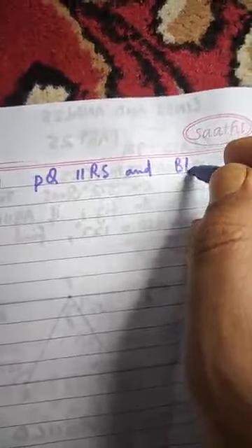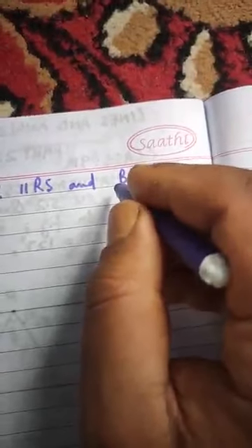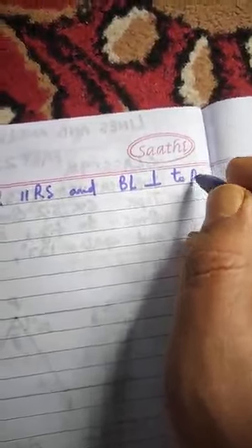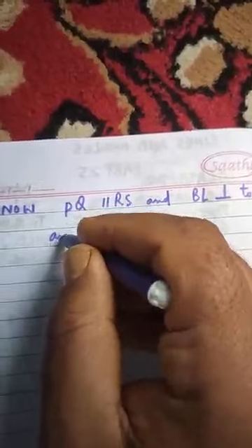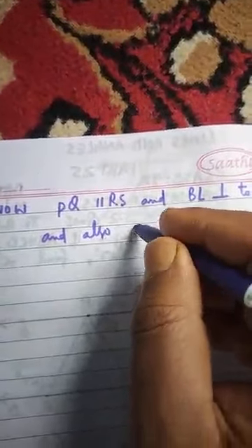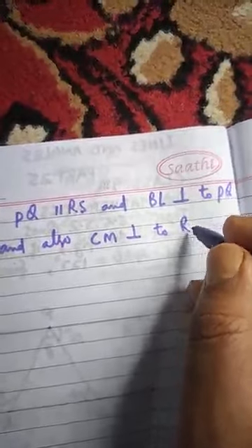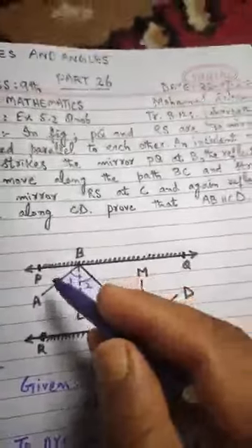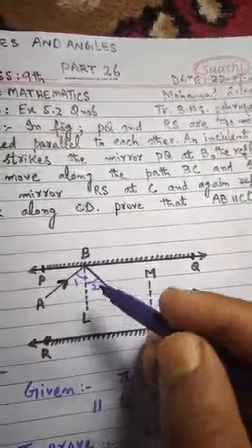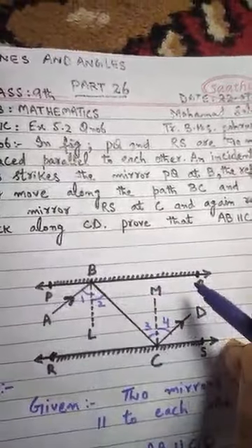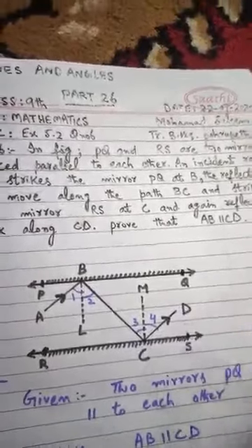Now PQ is parallel to RS and BL perpendicular to PQ and also CM perpendicular to RS. चलिए जी, मैंने क्या लिखा? मैंने लिखा PQ parallel to RS and BL perpendicular to PQ and CM perpendicular to RS, है ना?